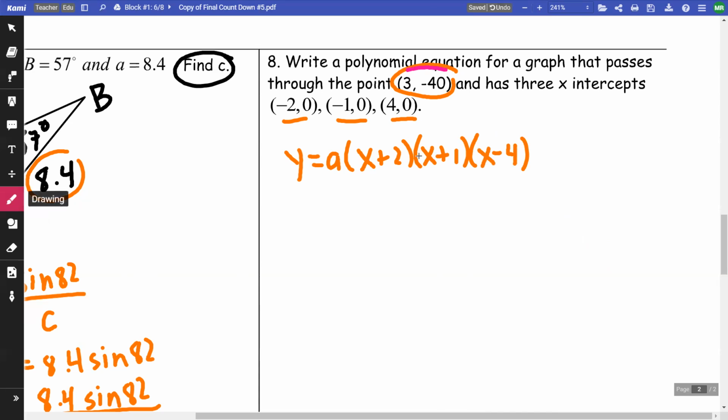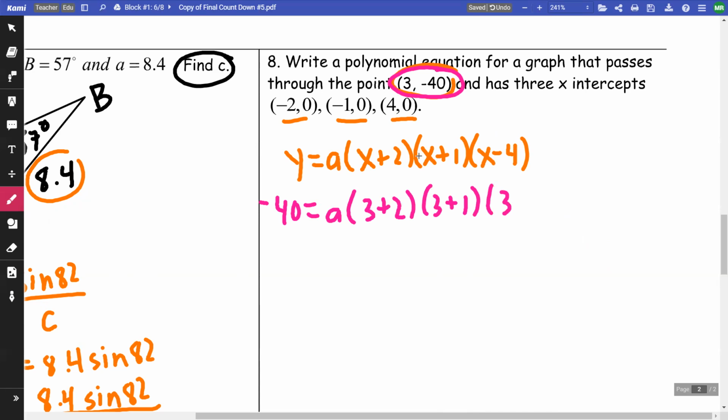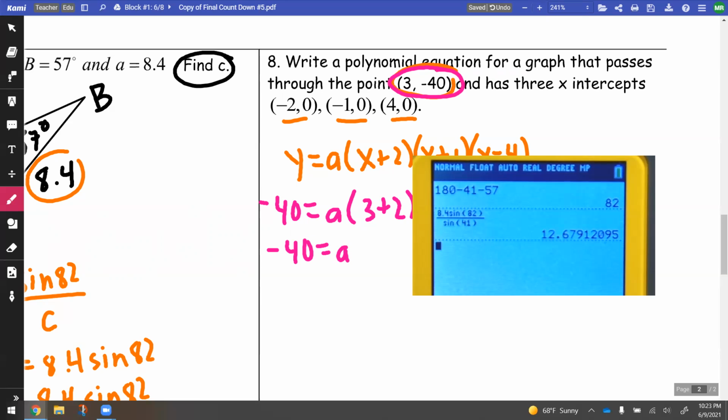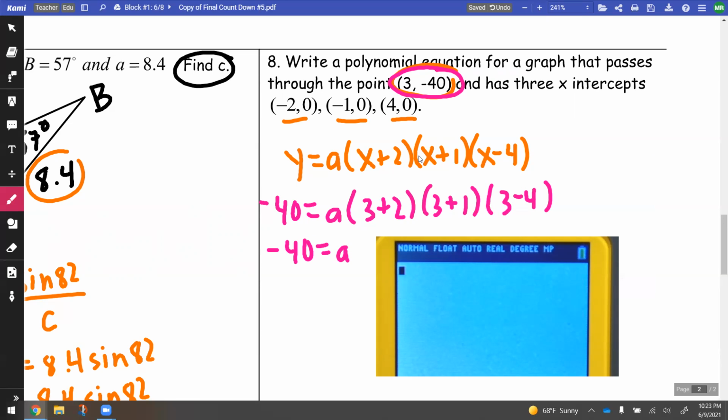And then again, I'm going to take this point and put it in for my y and my x. And so I'm going to get -40 equals a. When I do this math, I'm going to take basically 5 times 4 times -1. So I get a -20.